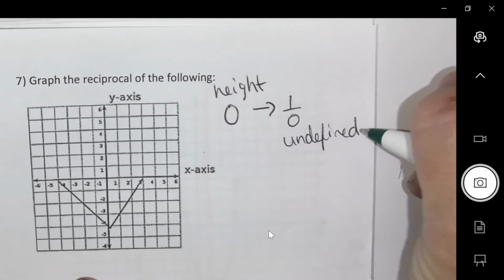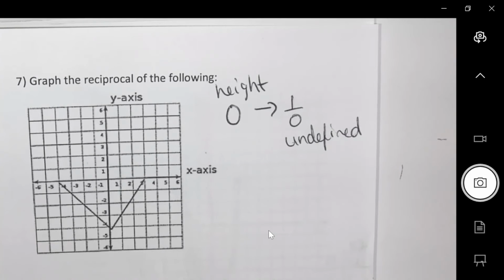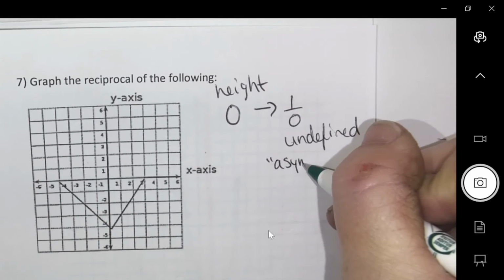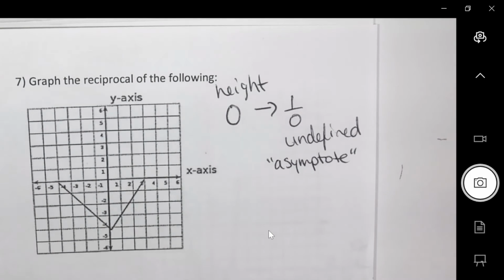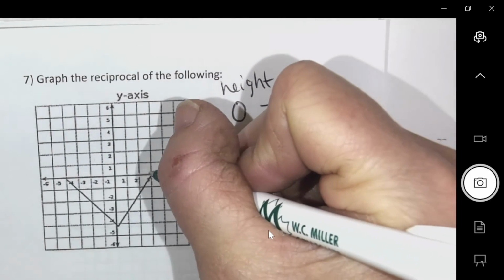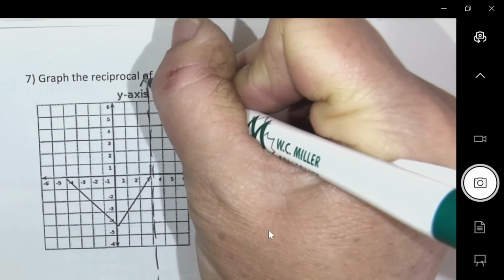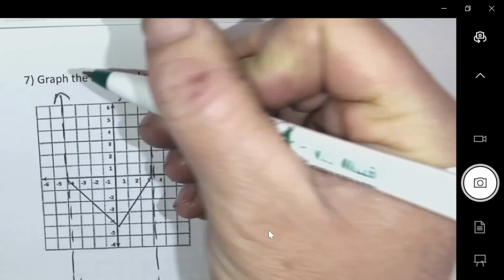It's an undefined number. How do you graph undefined? An asymptote. That's how you graph undefined. So that would be right here and over here.